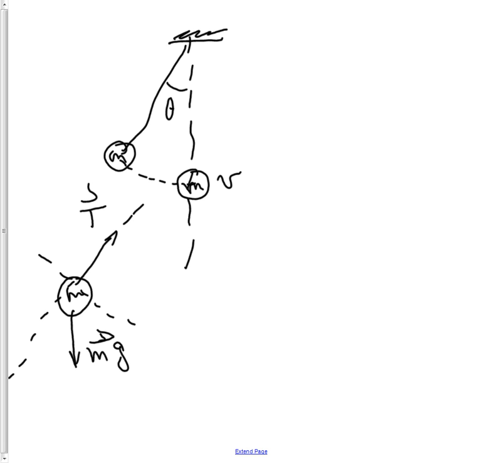So let's look at this mass at some particular time and ask, what are all the forces on it? So I choose a body, the mass. There is its own weight, mg, down like this. There is some tension in the string, T, like this. And those are all the forces. And so now we could choose a coordinate system like this, and call this the plus x-axis, and resolve our forces like this.